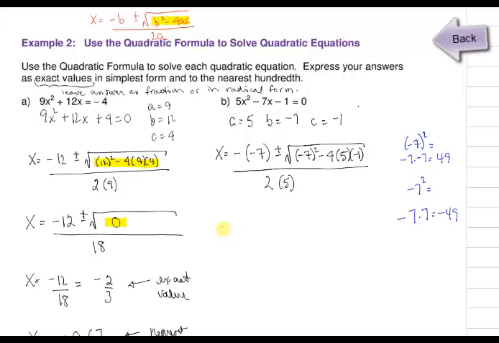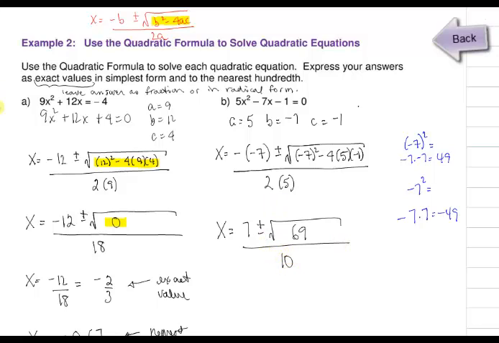Okay, so now we're going to simplify what's in the numerator, and at the same time, when I minus a negative number, I get a positive number, so minus negative 7 becomes positive 7. Simplify what's inside the radical, and you should get 69 over, and then 2 times 5 is 10.